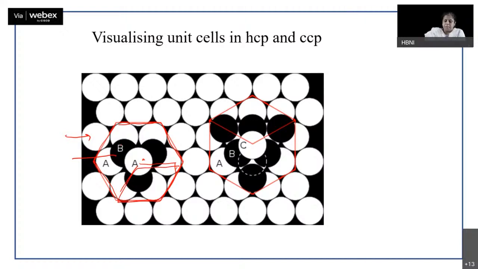Okay, but in case of CCP, if you have ABC packing, the basal plane of your FCC unit cell does not coincide with the packing of the layer. Rather, if you hold your cube straight, your FCC unit cell not tilted but straight, then the packed layers are along the 111 direction. That means along the body diagonal. Okay.